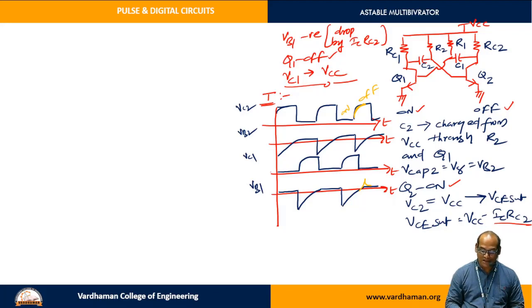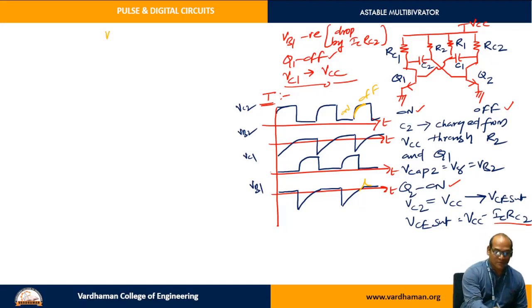If you see, the time periods of all these four waveforms are equal, and we are going to use the capacitor voltage to derive the equation of the time period. Why? The capacitor voltage is equal to the base voltage, because you can see in the circuit that the base voltages of Q1 and Q2 are connected to capacitor voltages only.